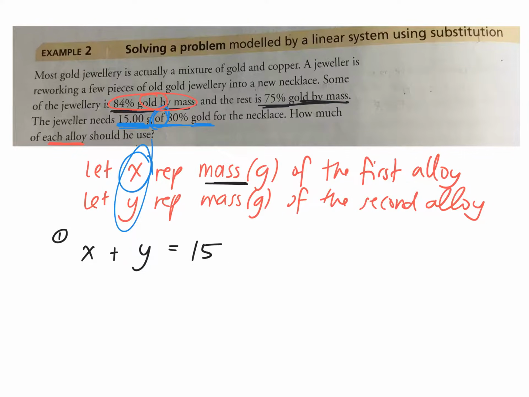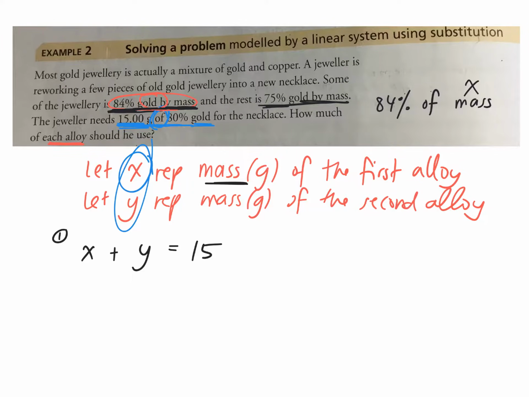Now, they also tell us that they need 84% gold by mass. So whatever the mass is of the first alloy, you need 84% of that. How would you write that? 84% of something, yes, right? 84% of whatever the mass is. What do we use to represent the mass?